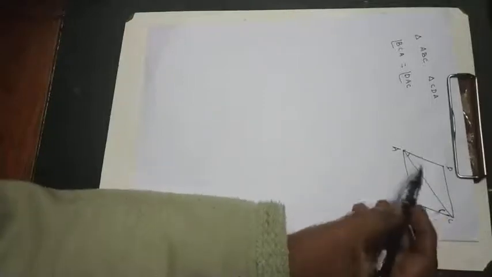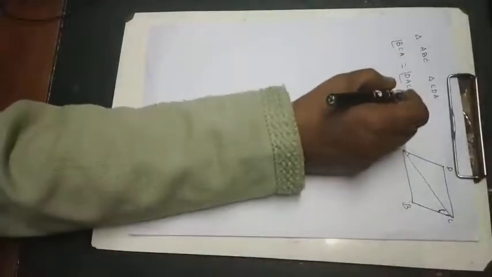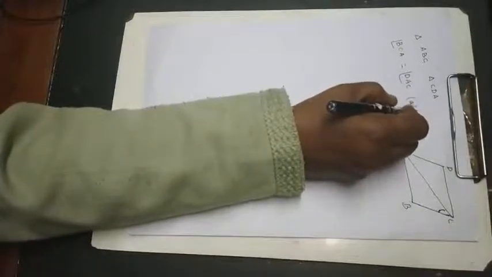AD and BC are parallel lines, and AC is a transversal cutting them. So look at this, a Z shape. So angle DAC is equal to BCA, that is, alternate angles.